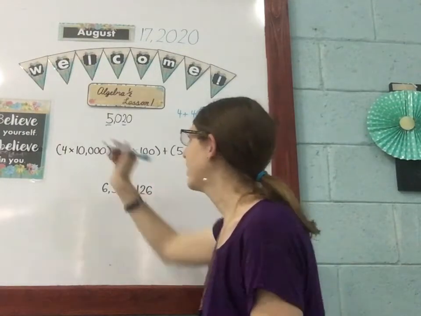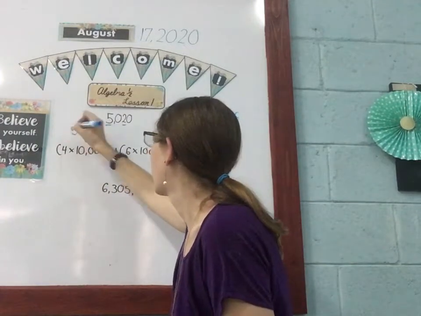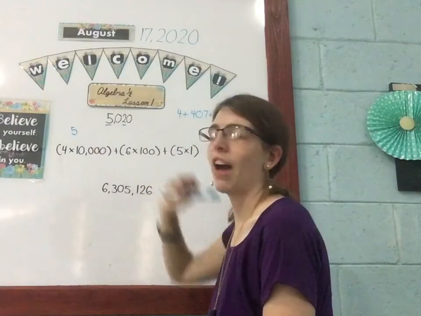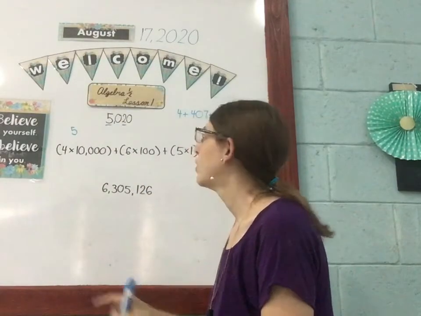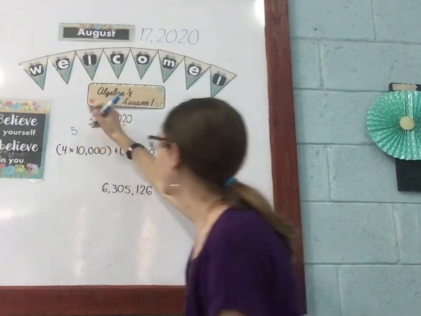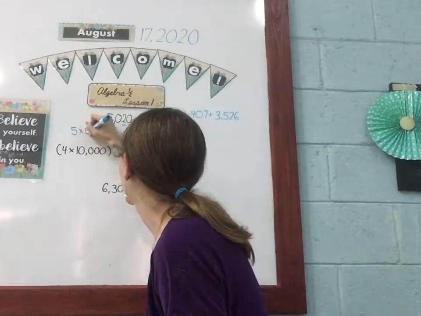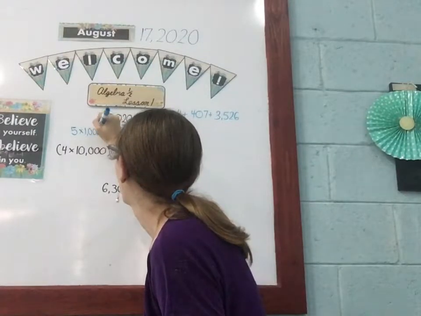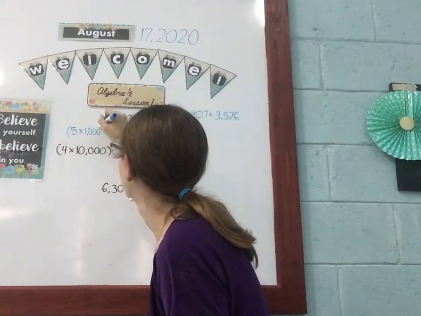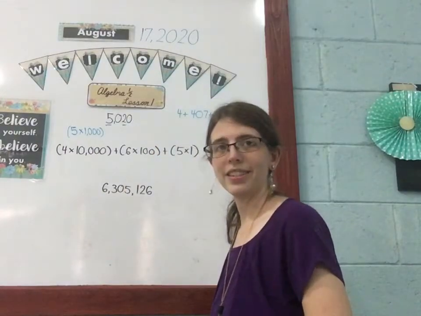So you write that digit, then you multiply it by the value of the place that it's in. So the 5, I should say, is in the thousands place. So it's 5 times 1,000. And then you close that in parentheses.